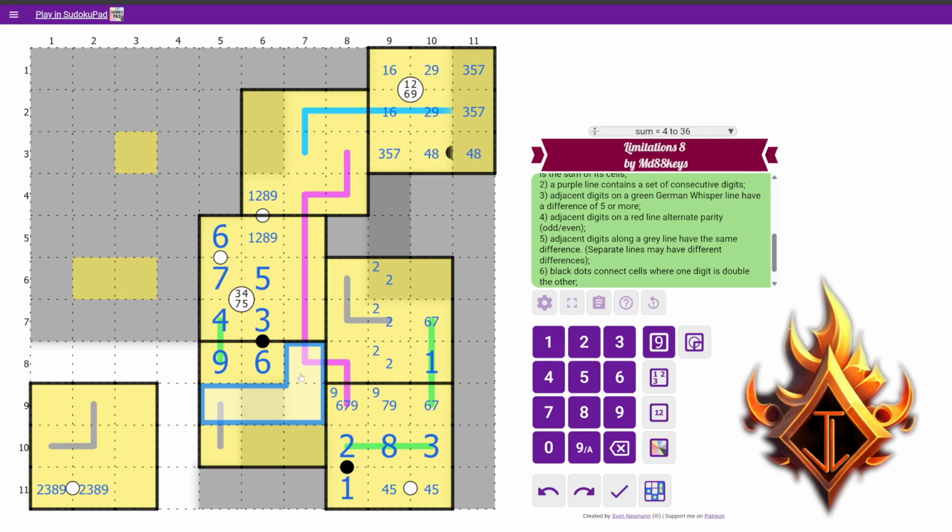Need to think of something creative here. What about if a 3 went here? I think... No, I can't say that.